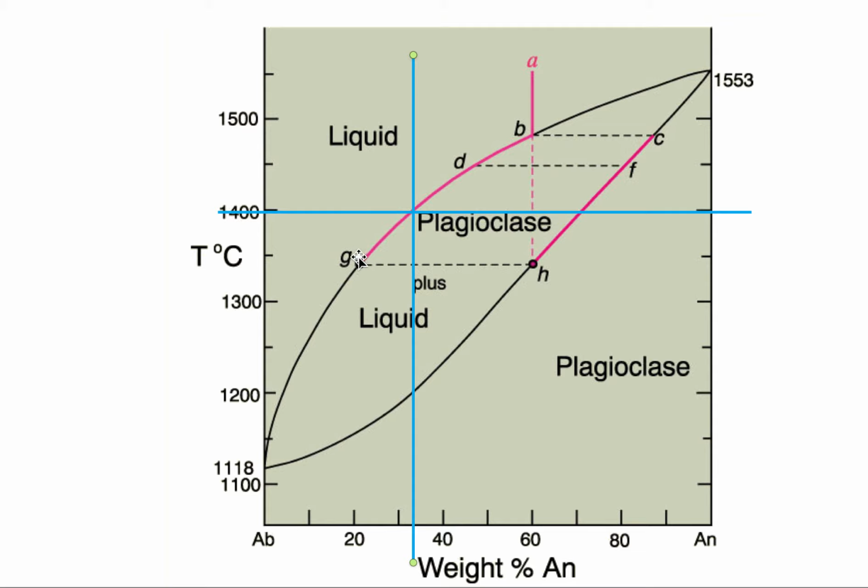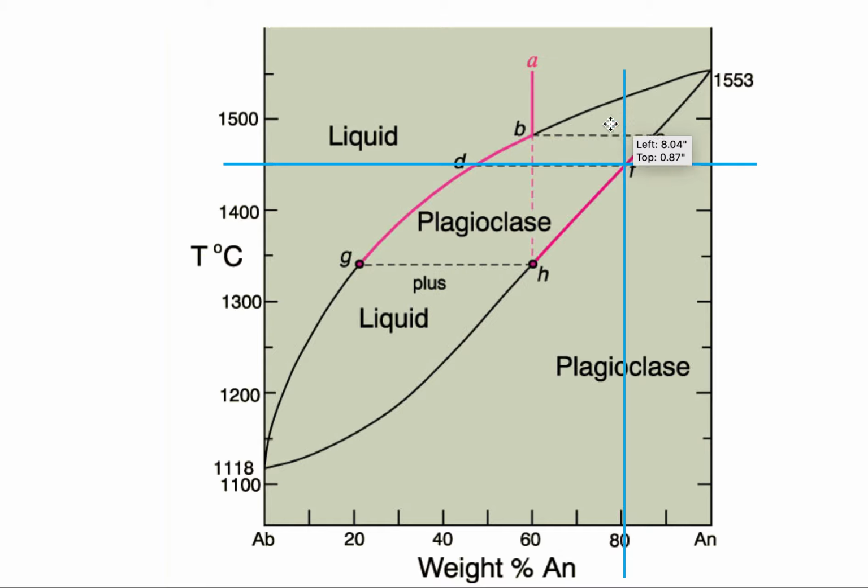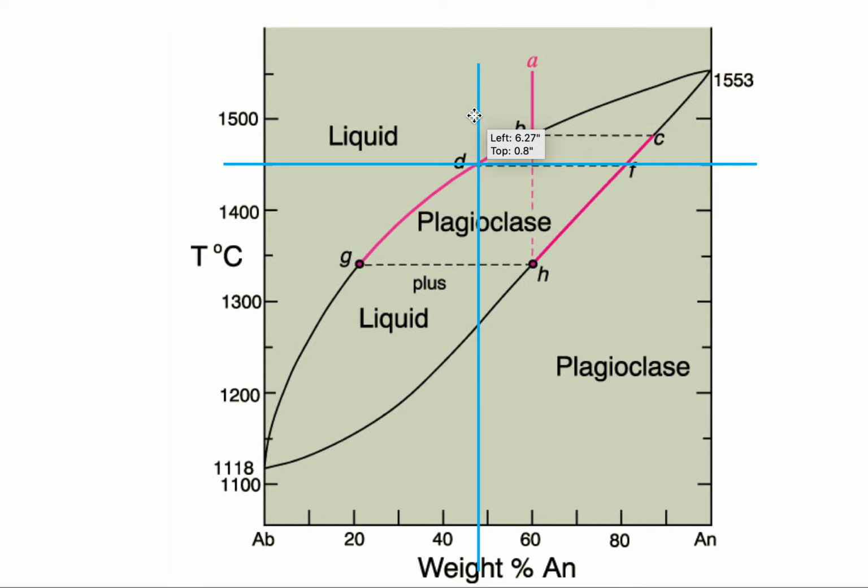So both the liquid and the crystals have become more calcium rich. What if we increase the temperature to 1450 degrees centigrade? Now we have a liquid that is pretty close to AN50, maybe about AN48, 48 weight percent anorthite in composition, and the crystals are a little above AN80, maybe about AN82 in composition.